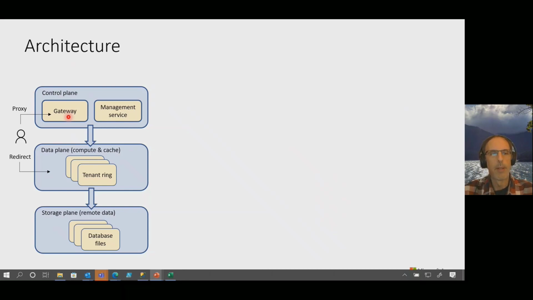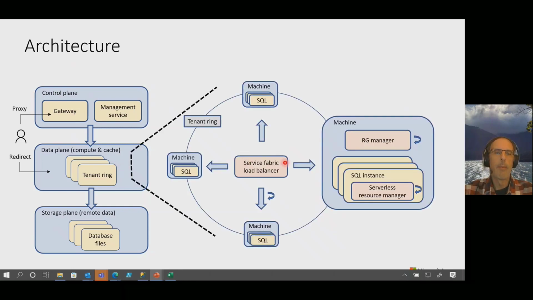So it's very important in serverless, especially if you're using pausing and resuming, to ensure that the application has connection retry logic wired in. Then on a subsequent connection attempt, the gateway will authenticate and pass control over to the management service, which then works in cooperation with the service fabric to identify a tenant ring and then a machine within the tenant ring that has sufficient capacity to handle the scaling operations for that serverless database.